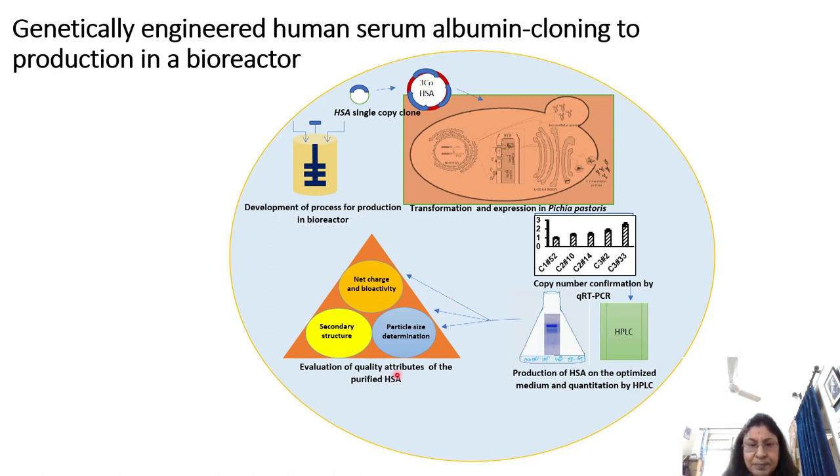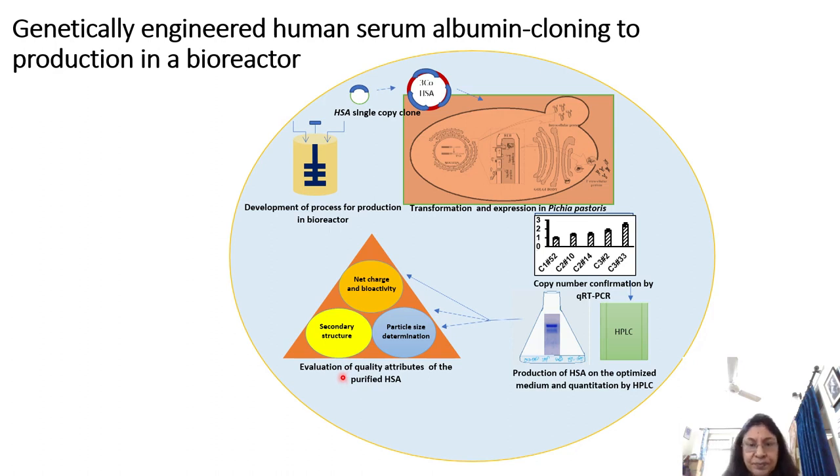At the same time, we also find out the secondary structure. So what do we mean by secondary structure? If you just look at the linear sequence of amino acids, that is called the primary structure. But then proteins also fold into alpha helices and beta pleated sheet structures, which can be quantitated by certain measurements called circular dichroism measurements, which give you an idea of the extent of secondary structure, that is alpha helix and beta strands, and so on.